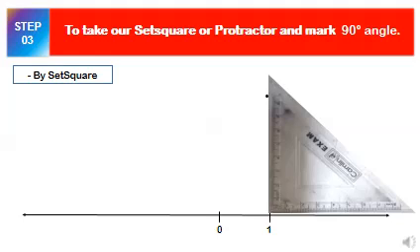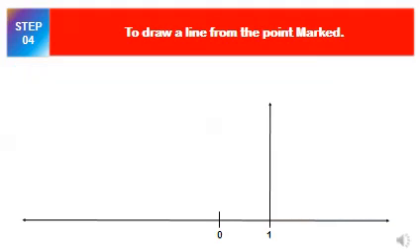We have to keep our set square at the point 1, and from there we have to mark 90 degrees, a straight line as shown in this diagram. We have to mark the 90 degrees and draw the line. Okay, this is by set square.